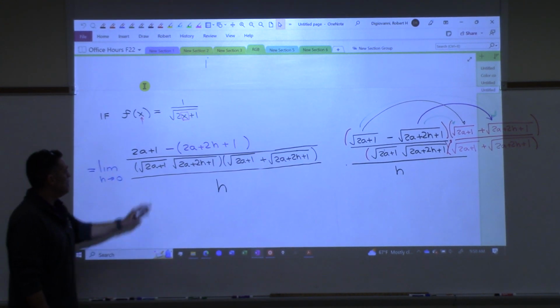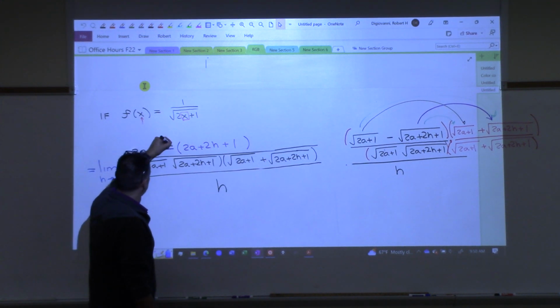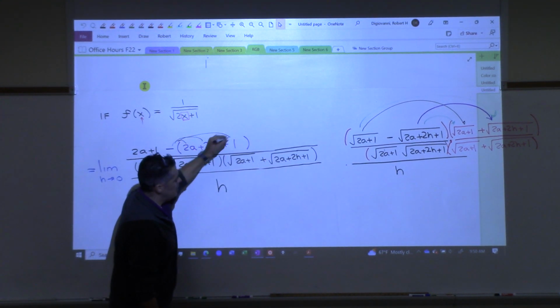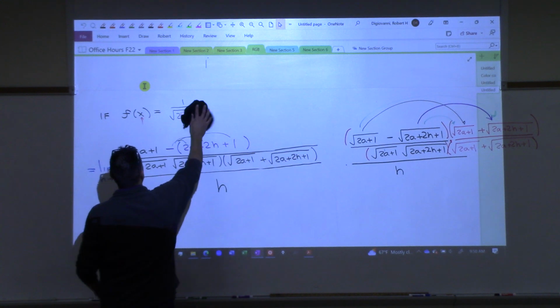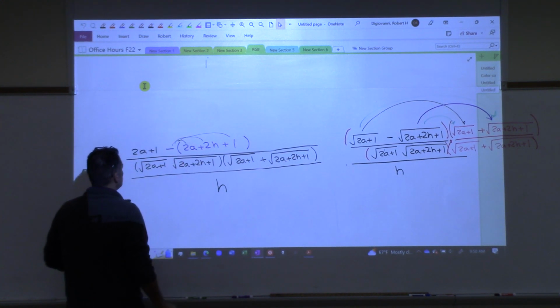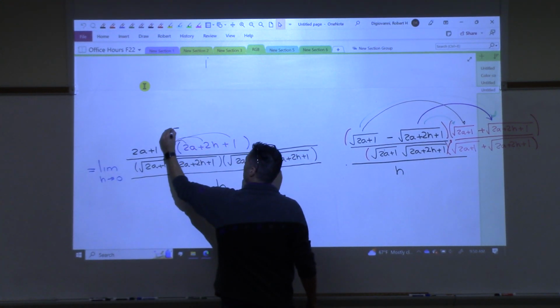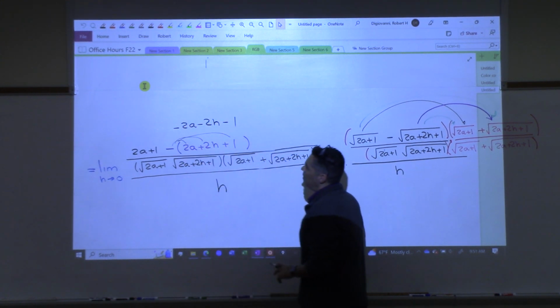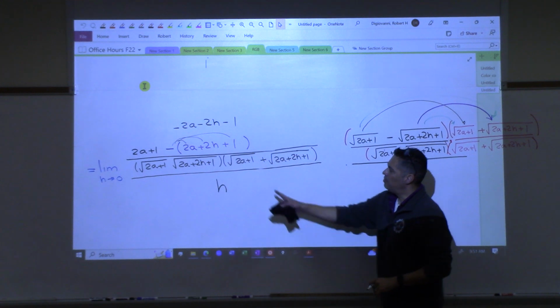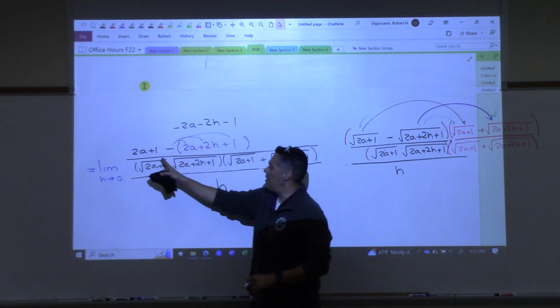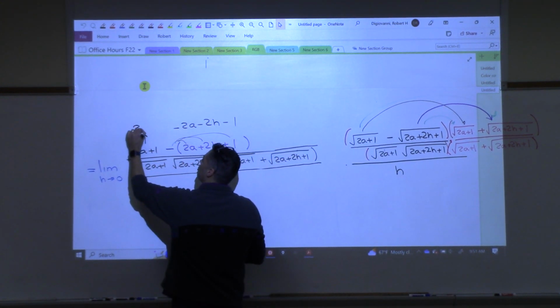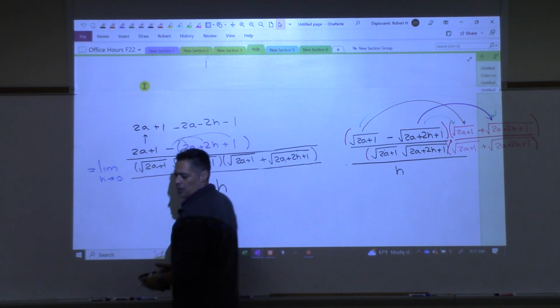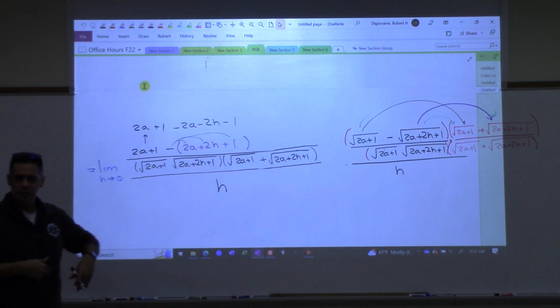All right, and now I hope for the best here. I'm really hoping that up here things get good. Let me distribute this through. To save ourselves a little bit of space and time, let me just write above that what that is. That's minus 2a minus 2h minus 1, right? That's what I get there when I do this distribution. And then right here, that's just 2a plus 1, right? And do y'all see things start going away?